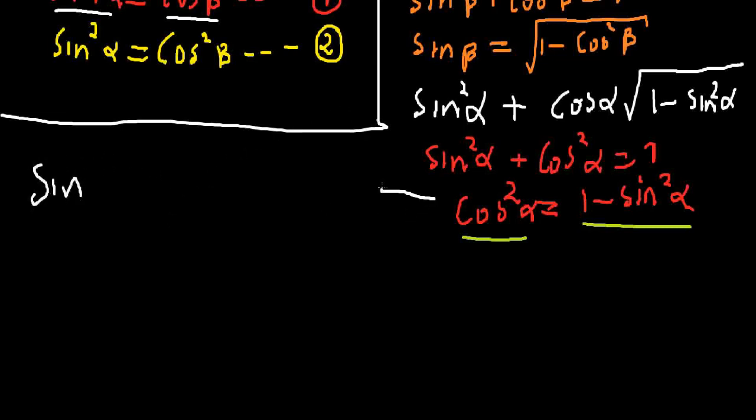sin squared alpha plus cos alpha times the square root of, instead of writing 1 minus sin squared alpha, I'm going to write cos squared alpha.